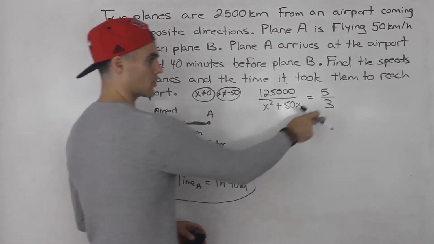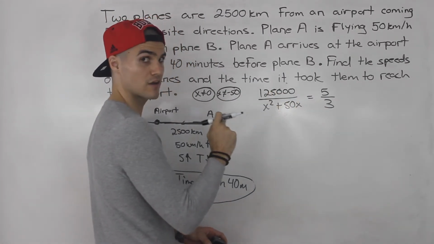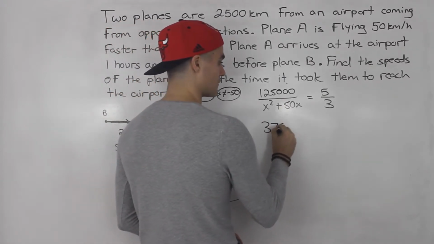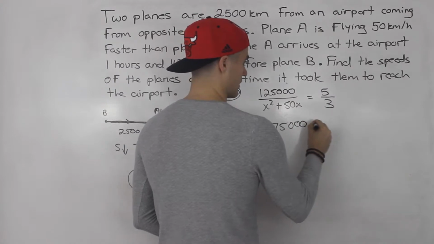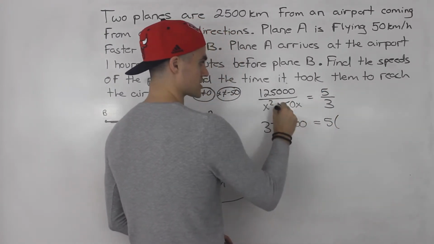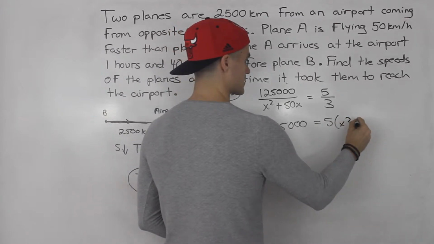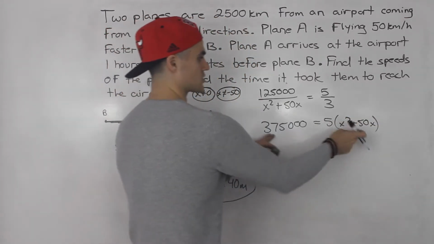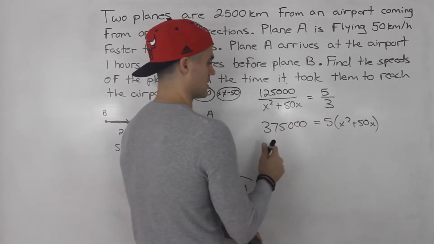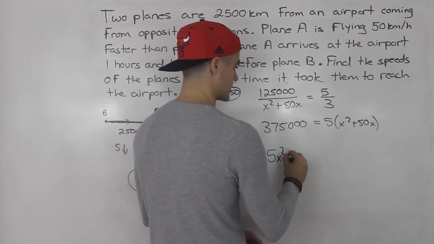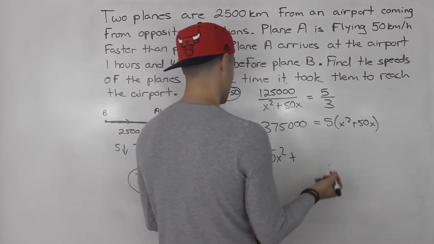So cross multiplying, 3 times 125,000, that gives us 375,000. And then here we'll have 5 times this whole expression, x squared plus 50x. And then I'm just going to switch these two sides. So 5x squared plus 5 times 50.